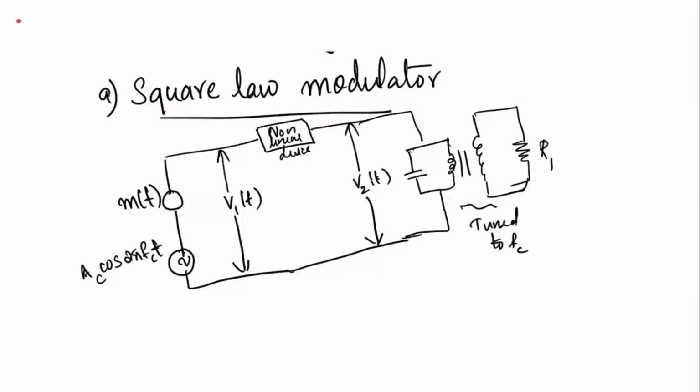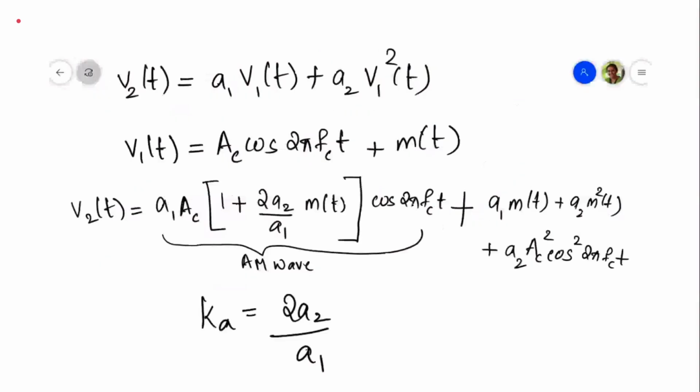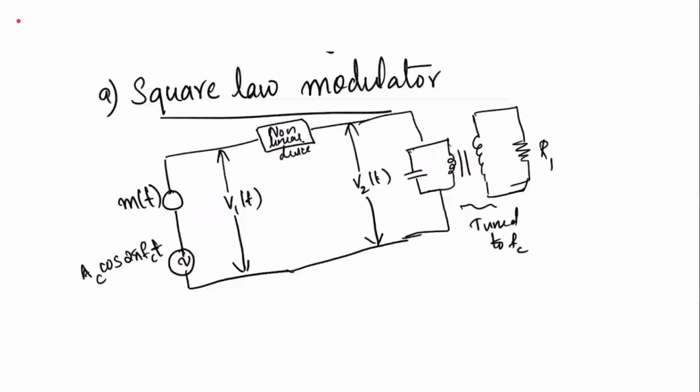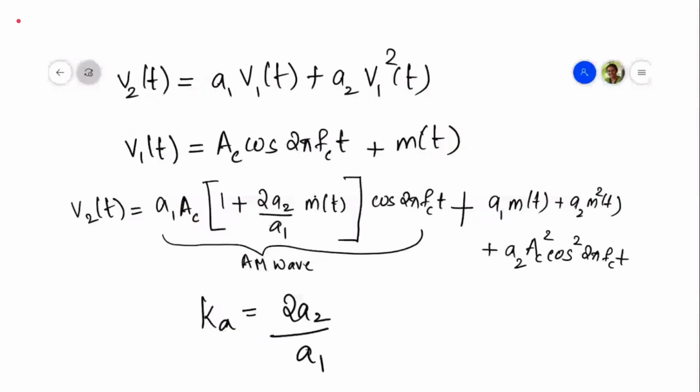And then here you have a band pass filter, which is tuned to FC. So this is the basic circuit diagram. V2t will be a scaled version of V1t plus a scaled version of V1 square t. So this will be my output V2t, A1 V1t plus A2 V1 square t.